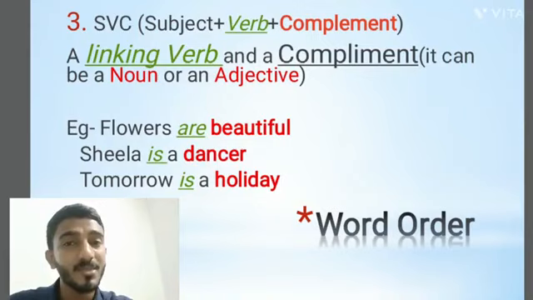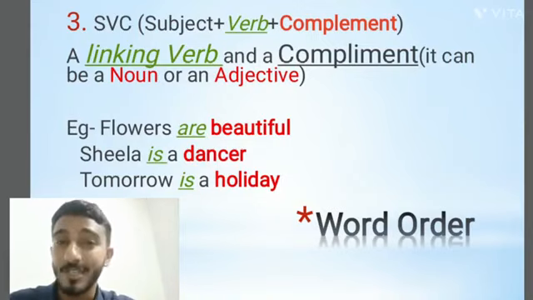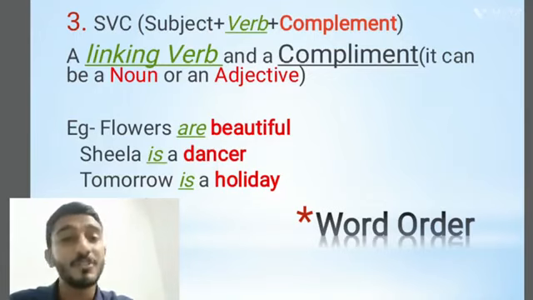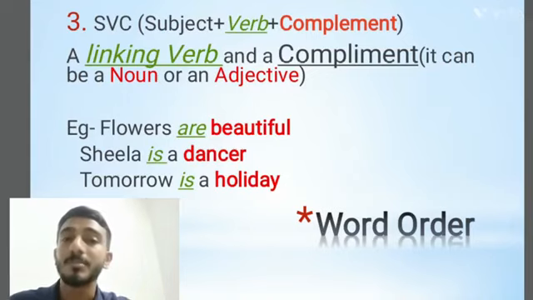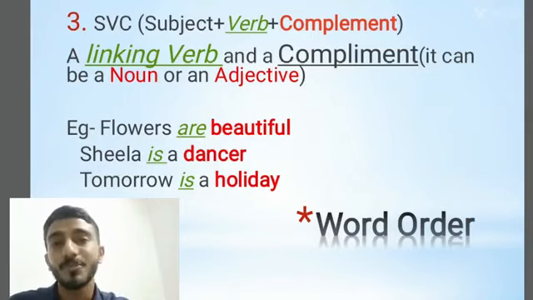So we all are human beings. We all love compliments, right? Let's try to understand this pattern using some of the examples given in your text. The first example is this: flowers are beautiful. When we classify it based on the pattern rule, flowers is the subject, are is the linking verb, and beautiful is the complement.